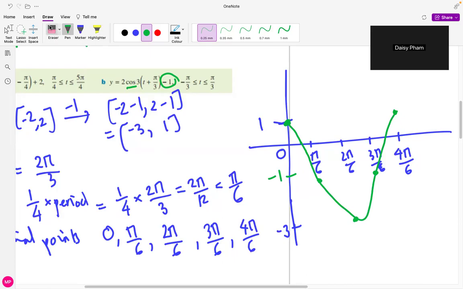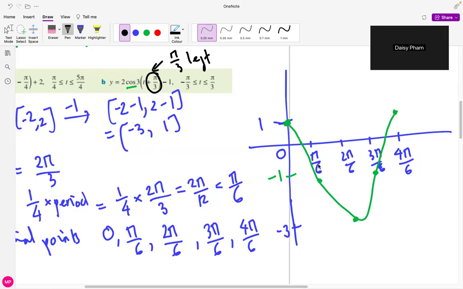Now you do the translation. If it's plus π/3, this means you're going to move π/3 to the left, so you're going to take away π/3 from all of these points. Now, how much is π/3 if you scale like this?